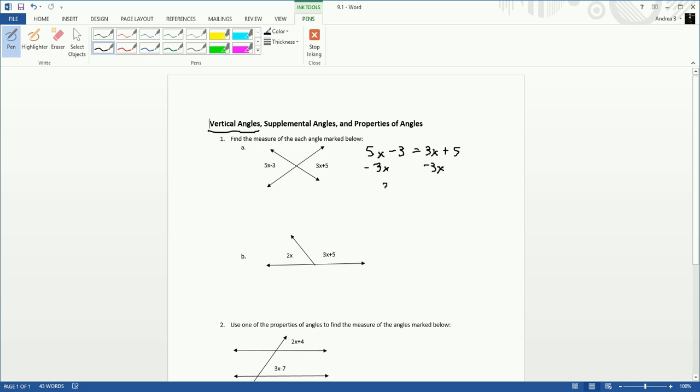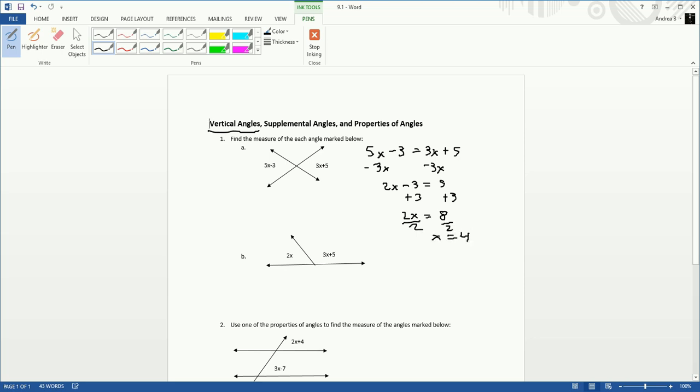So then we'd have 2x minus 3 equals 5. And then we can add 3 to both sides to get our x part by itself. So then we'd have 2x equals 8. And then finish off solving for x by dividing both sides by 2. So for this first one, we get x equals 4.